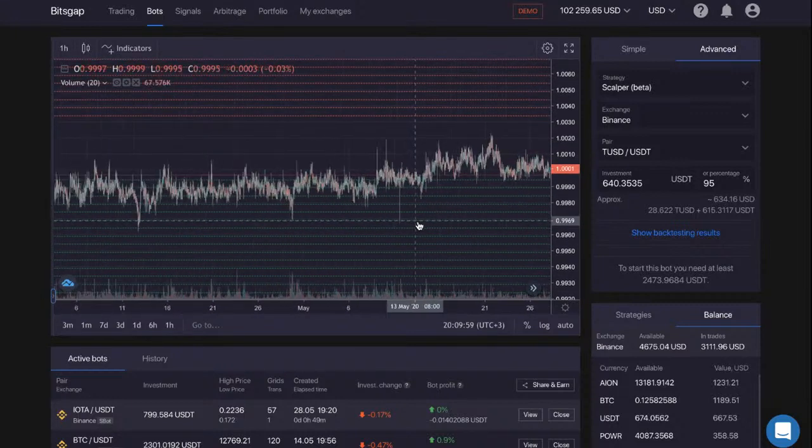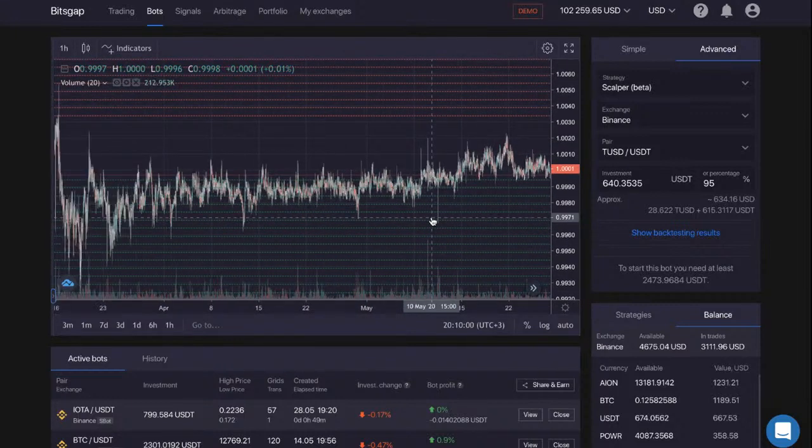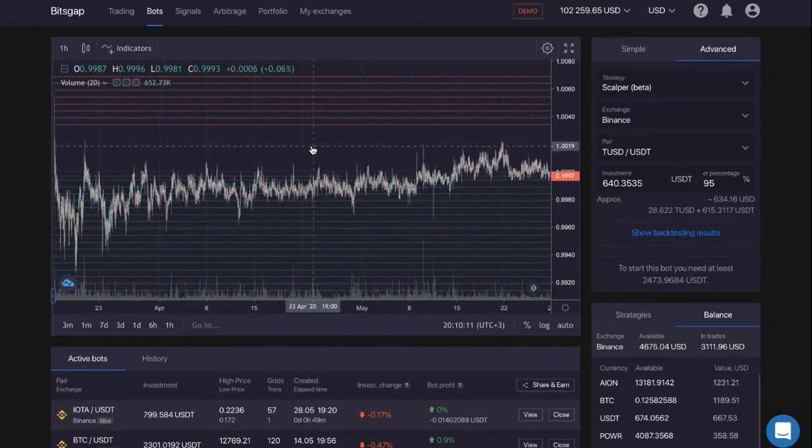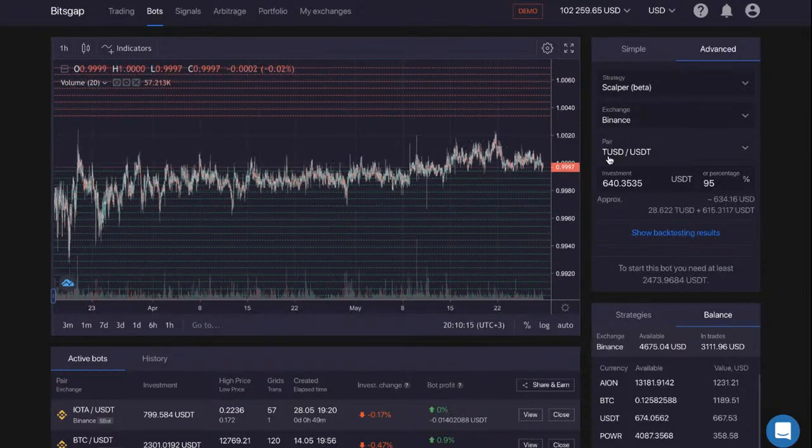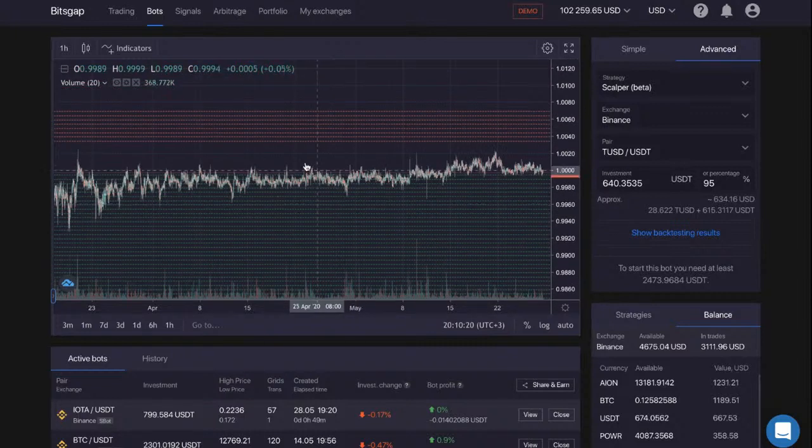But as we have different stable coins on the market, and due to liquidity differences and due to some manipulations that are happening on the market, sometimes these stable coins are not trading at $1, and that is why we have a perfect sideways market opportunity.